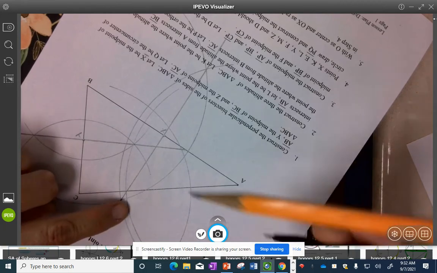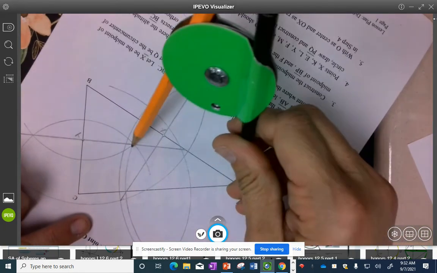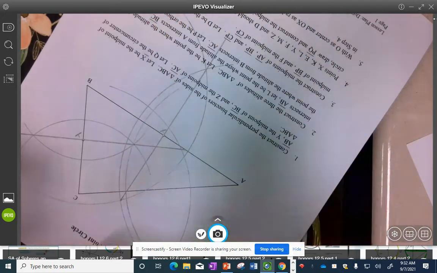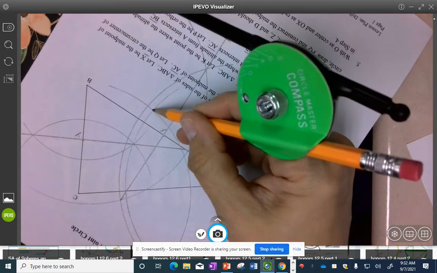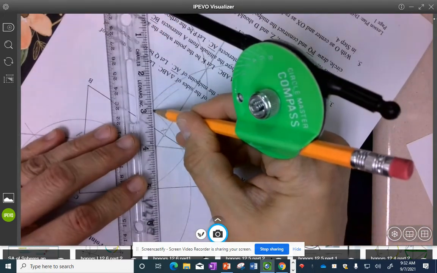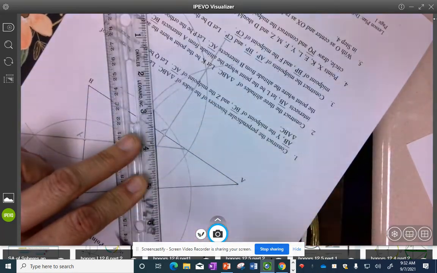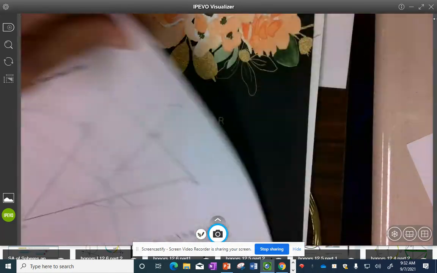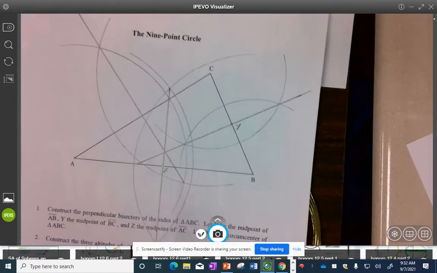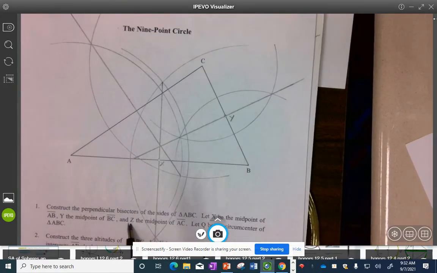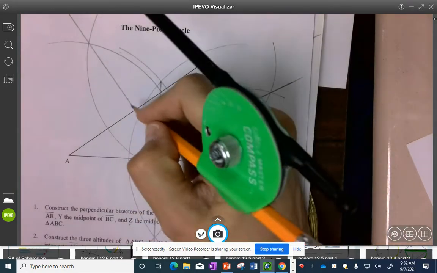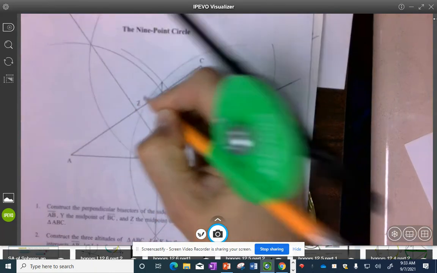Now, there's two arcs here, and to make sure which one is which, I'm going to use the innermost arc. So I'm going to go from this point to my other point and draw it in. Reading the directions, it says Z is the midpoint of AC, so this point is Z.